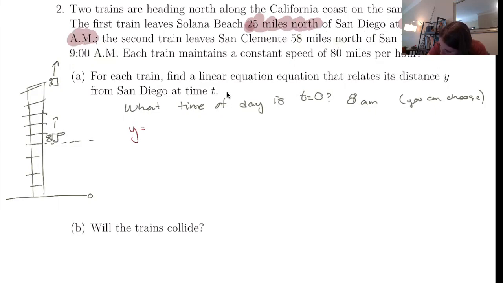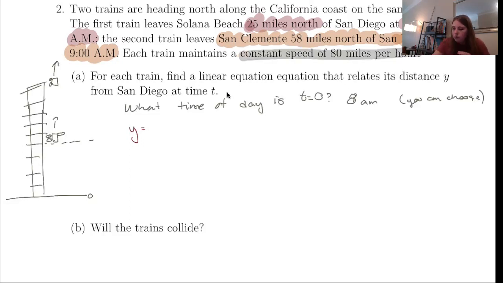I'm going to do some maroon orange because I feel like being collegiate today for my school. Okay, cool. So our first one is 25 miles north, and the second one is 58 miles north an hour later. And they both have a constant speed of 80 miles per hour. Okay, cool.